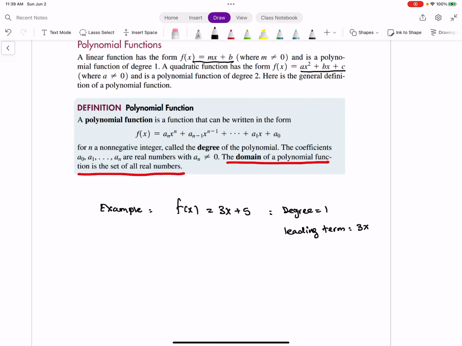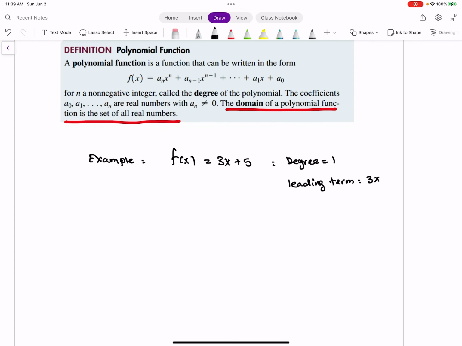This is a linear function. For example, if you consider a quadratic function, let's say minus 10x squared plus 5x minus 10. So the degree of this polynomial is 2, and the leading term is minus 10x squared.